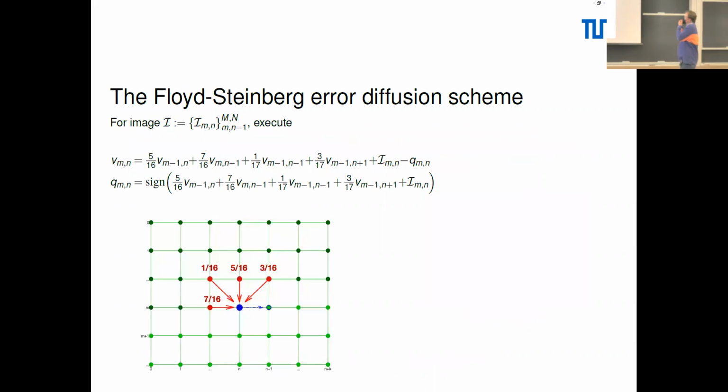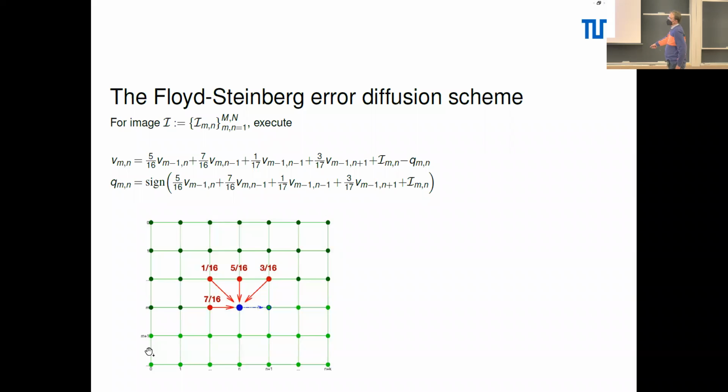So how was this picture that you just saw computed? This picture was computed using the so-called Floyd-Steinberg error diffusion scheme. What happens here is, in order to calculate whether the blue dot is black or white, you take some state variables that are computed for all these red locations.